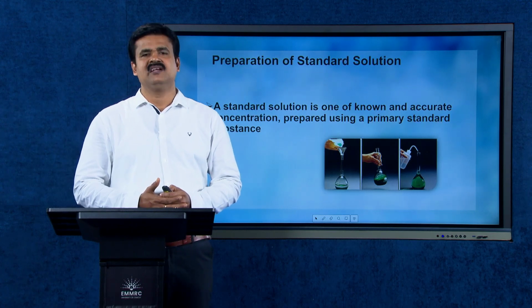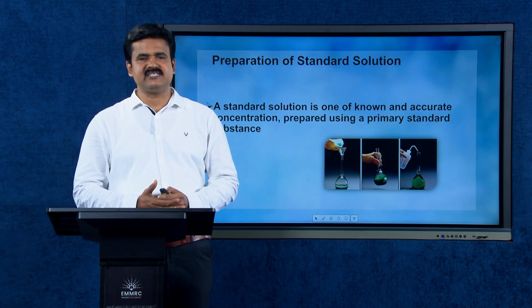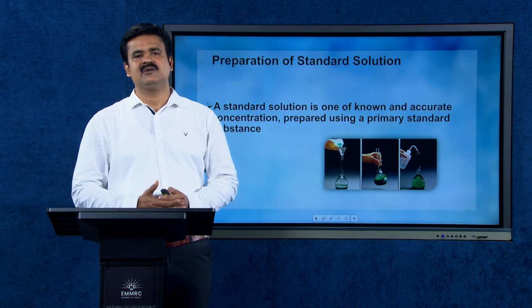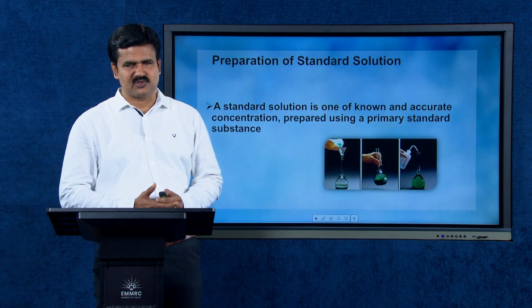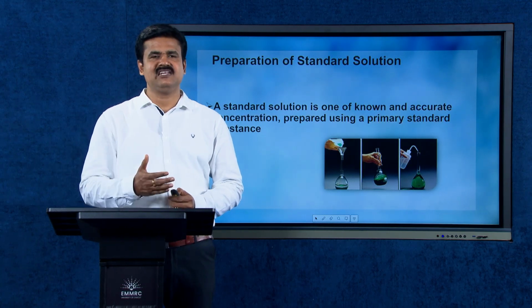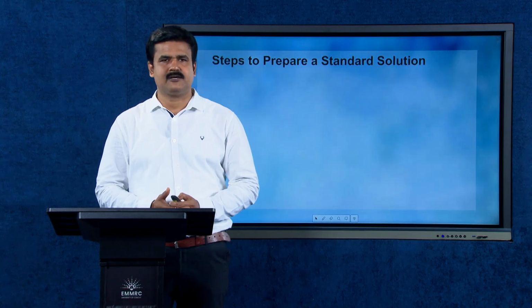That is, there are certain materials called primary standards. You can weigh it accurately, transfer it into a standard flask and make up to the mark to get a standard solution. So a primary standard is a material based on which you prepare a standard solution.